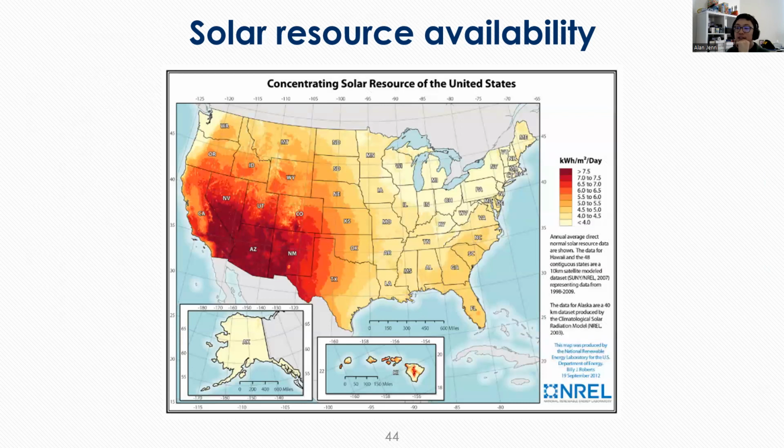Okay, in the US, where is the solar resource most available? In the Southwest, and that's why in the earlier figure that I showed on location of power plants, most of the solar resources are in the Southwest. That is a really important consideration for where you put the resource, especially economically.